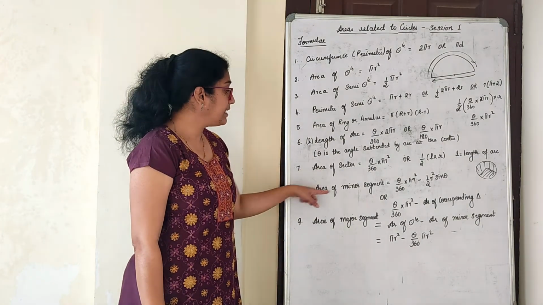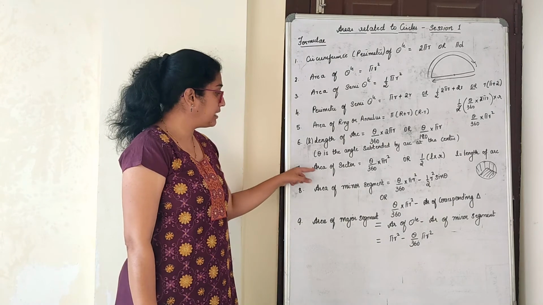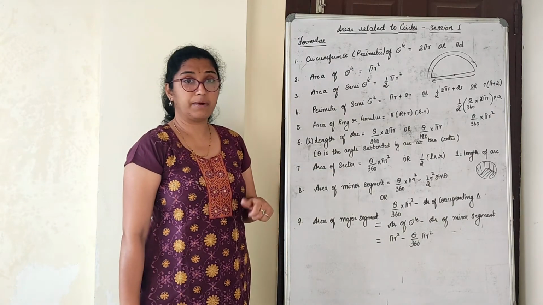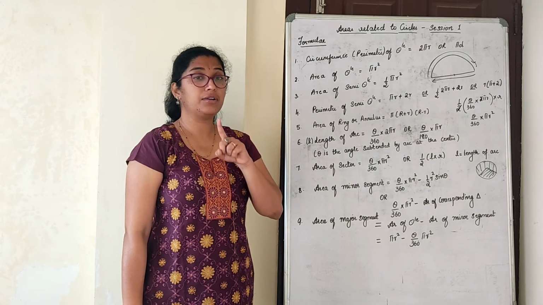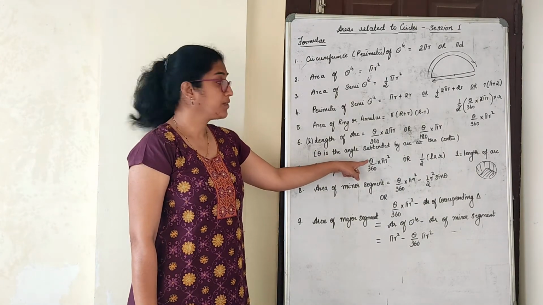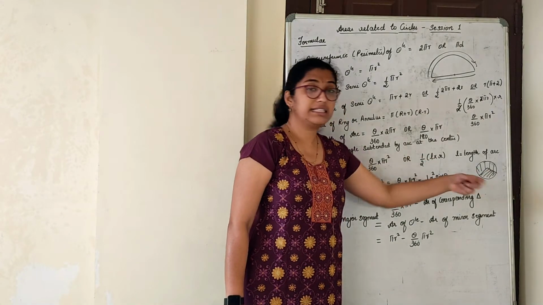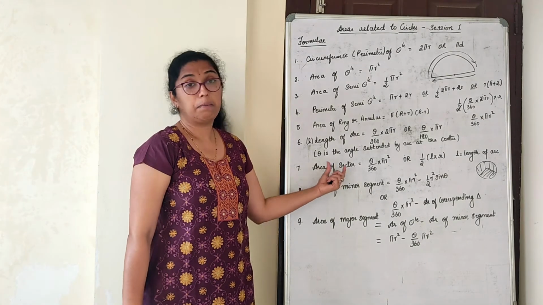Next, area of minor segment. Now you can ask me here, children, one more thing. Which sector am I talking about? Major sector or minor sector? It depends upon what they have asked. The theta value will define everything. If theta is less than 90 degrees, it's an acute angle, it is the minor sector.